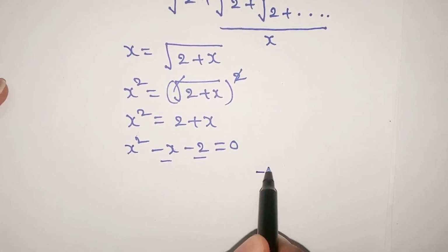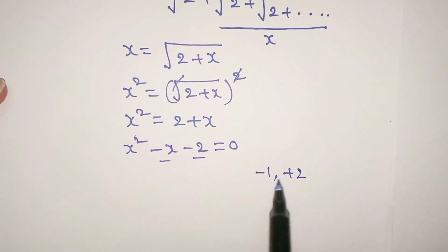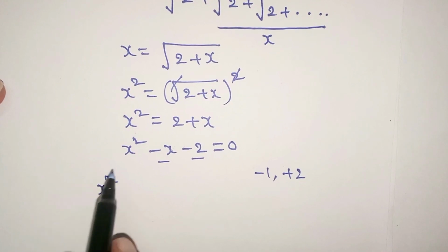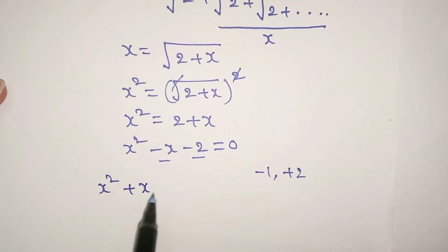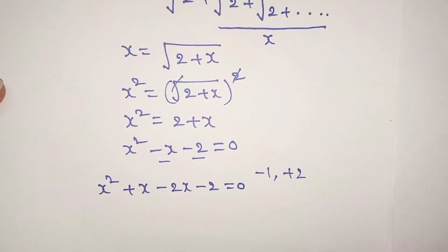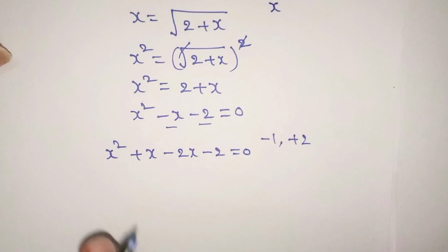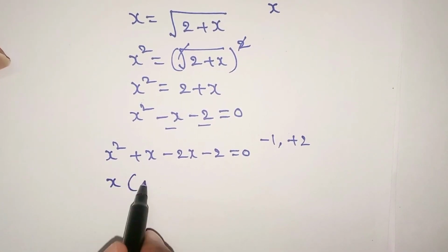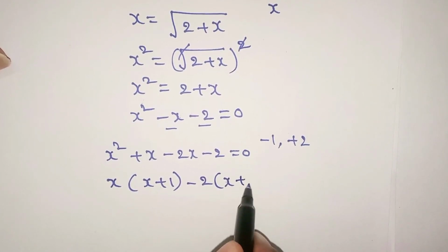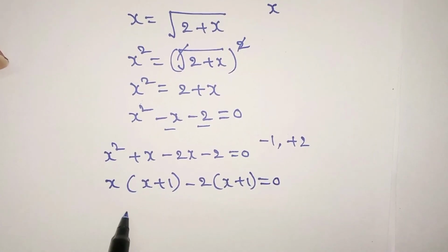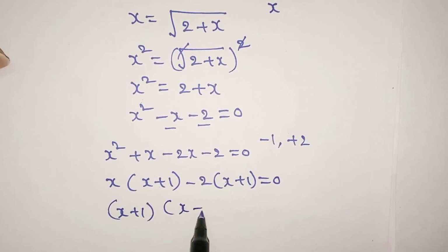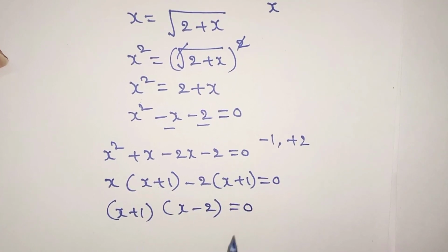So let the numbers be minus 2 and plus 1. Factorizing, x squared plus x minus 2x minus 2 equals 0. Taking x common, x times (x plus 1), minus 2 common, (x plus 1) equals 0. Taking x plus 1 common, (x plus 1)(x minus 2) equals 0.